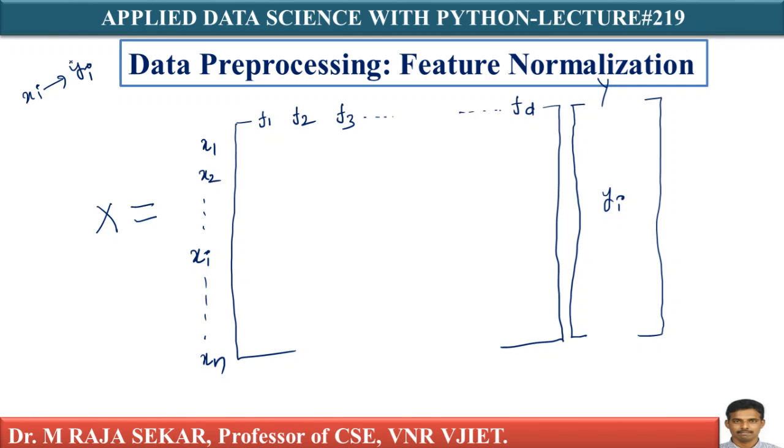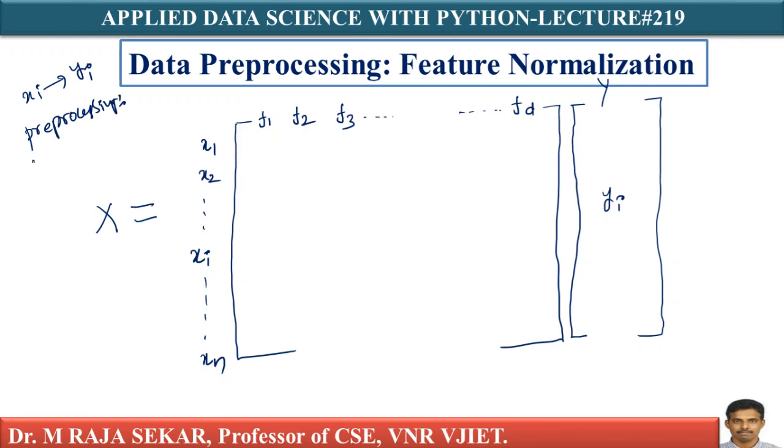There is something called data pre-processing. We will try to understand what is data pre-processing. This capital X is my data set. Now, the word pre-processing basically refers to some type of mathematical operation. What is the meaning of pre-processing?